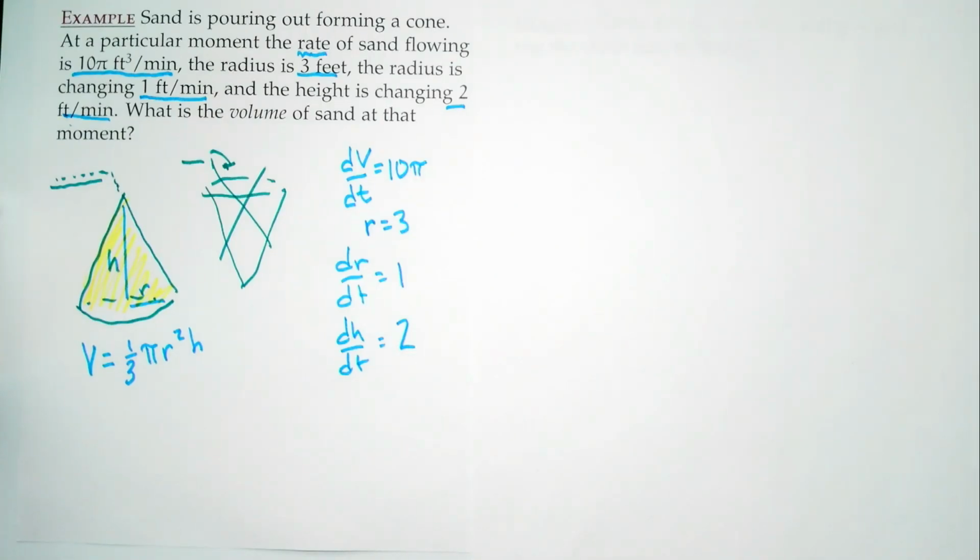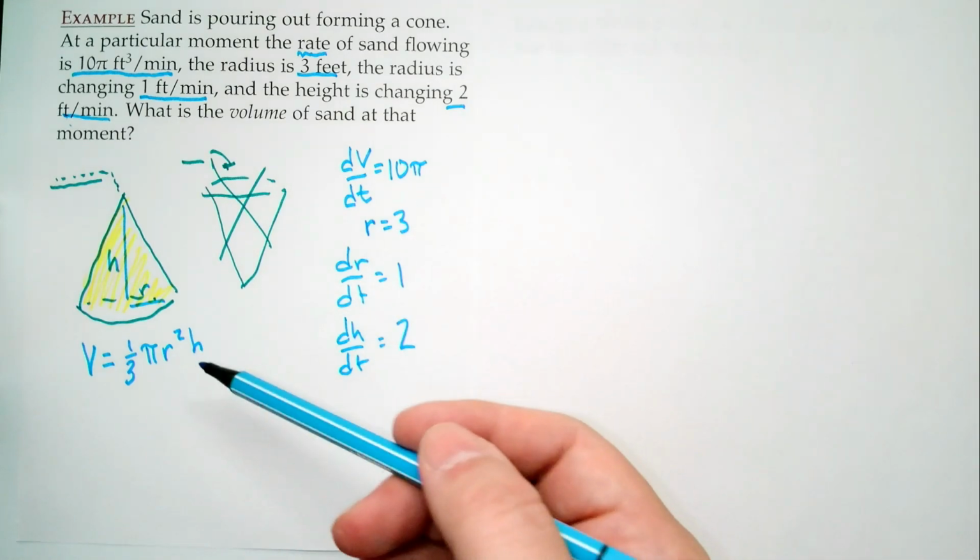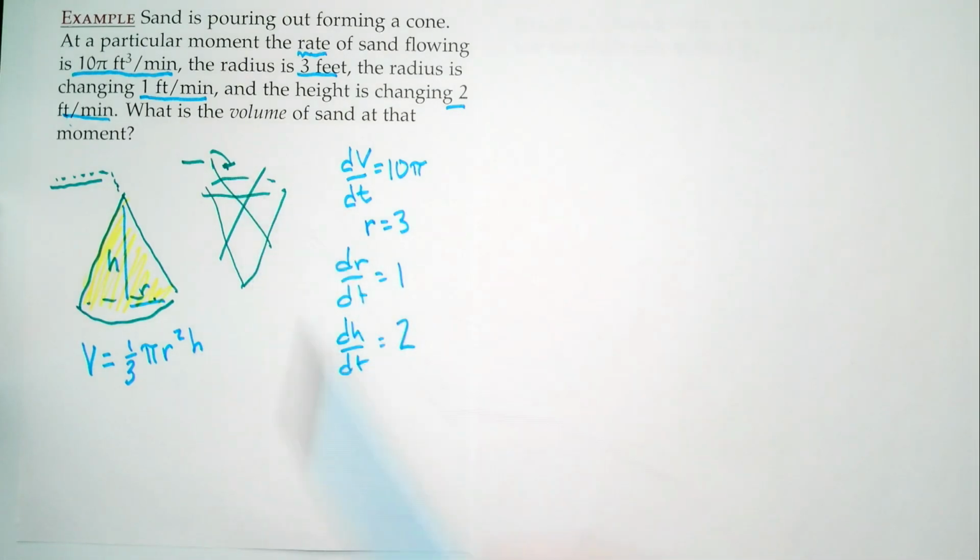Now, we look at this and say, okay, this shouldn't be so bad. We have r, we just need h to find volume, because we're asked what's the volume. The thing is, we don't have h. So it feels like we're kind of stuck. How do we get unstuck? Well, we have all this information given to us about rates, so we should use that information.